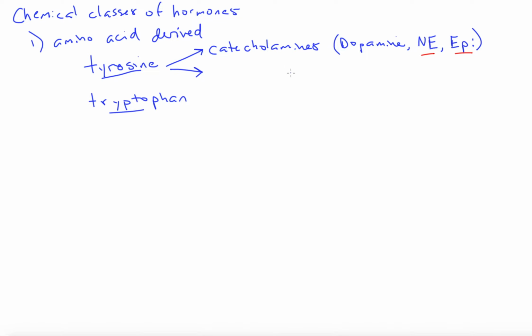are the thyroid hormones. And those thyroid hormones are produced by the thyroid gland. Just to give you the specific names, they are triiodothyronine, so that has 3 iodide molecules, and tetraiodothyronine, which has 4.